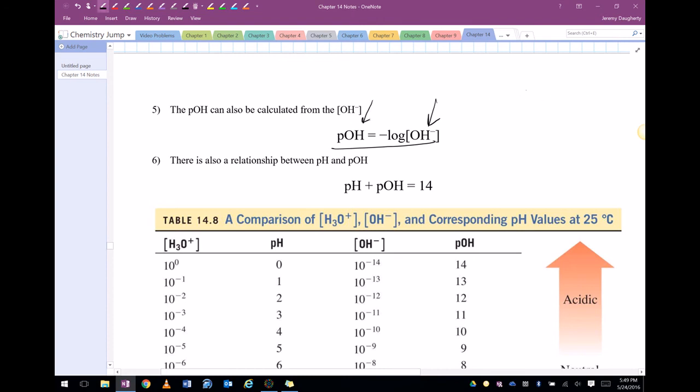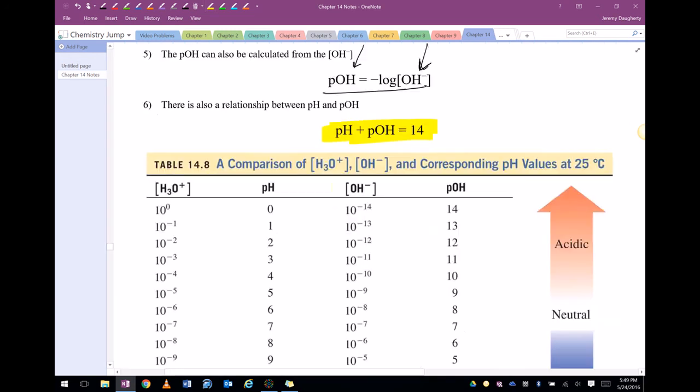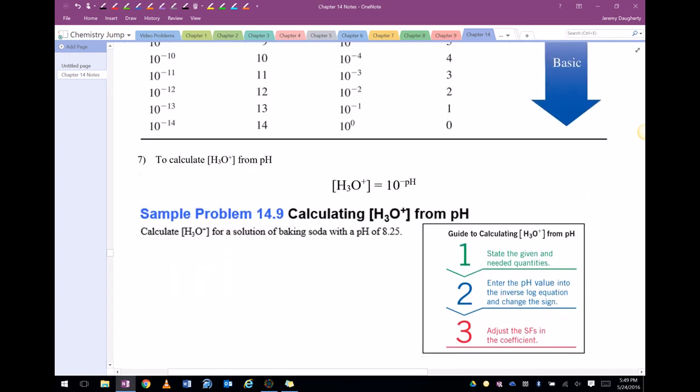We can calculate pOH by taking negative log of the hydroxide, and then there's this relationship that pH plus pOH is equal to 14. So that's the one that I typically use. If I'm given hydroxide, I'll calculate pOH, and then I know that pH plus pOH is equal to 14. I think it's a lot easier to calculate that way.